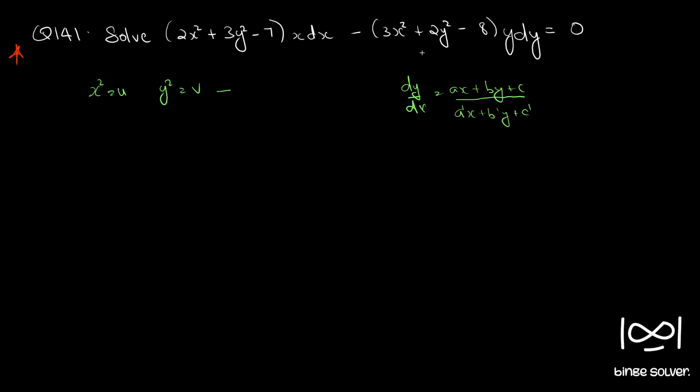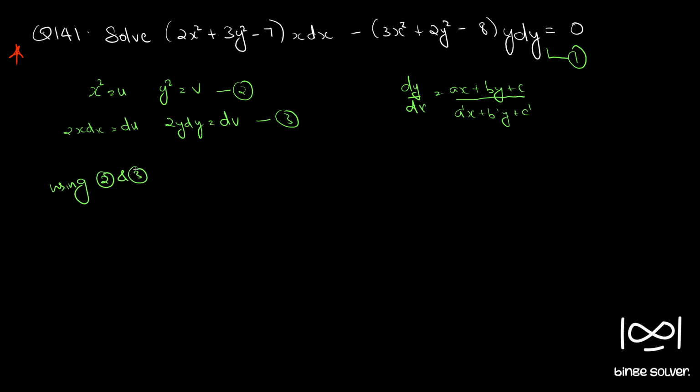Let's call our original equation 1 and let this be 2. Differentiating equation 2, we get 2x dx = du and 2y dy = dv. So we have x dx here and y dy here, so we can easily apply this substitution and let's see what happens.